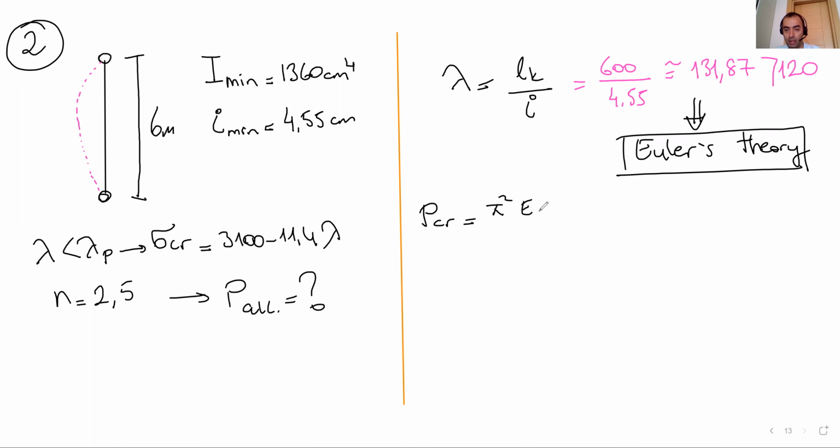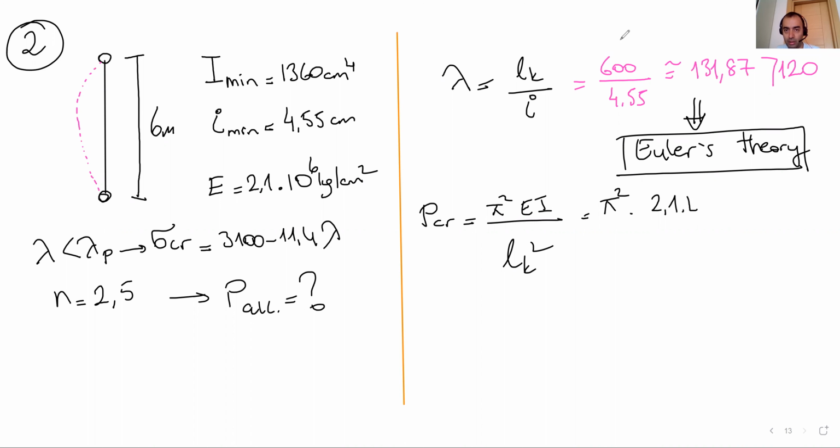P critical equals pi square E I over LK square. Let's write the equation. I can give E here, it's given in the question. It's a constant number for steel. Times I, given in the question again.